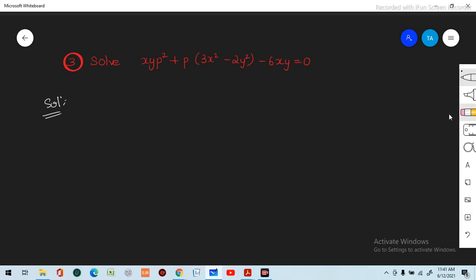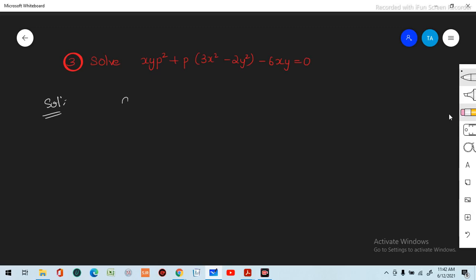As we go, it gets a bit complicated, you just have to take the terms carefully, that's all. First thing you should do: is it a quadratic equation? You should check whether p square is there. Yes, sir. Is p there? Yes. Is the constant term there? It is there. So it is a quadratic in terms of p.